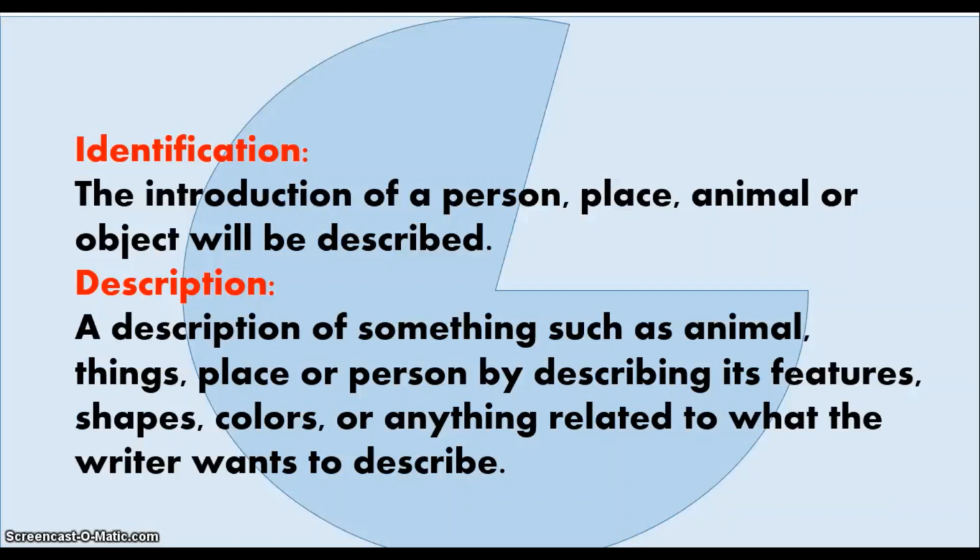And the detail of the person or the thing is put in the description. In the description, the writer describes the features, such as the shape, the color, or any other things related to the person or the thing that the writer wants to describe.